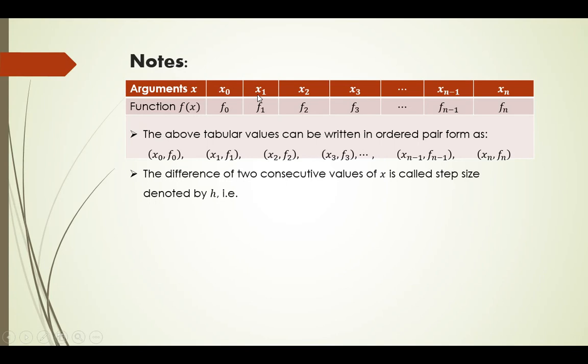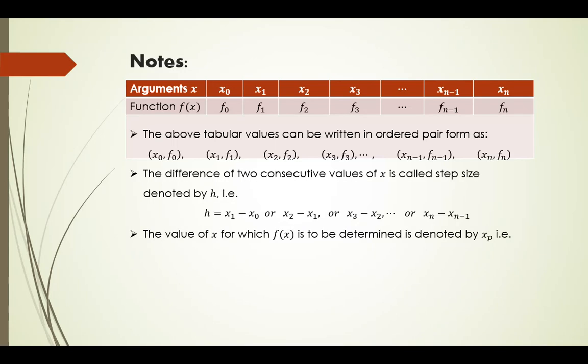So the difference between two consecutive values, that is x1 minus x naught, or x2 minus x1, or x3 minus x2, or generally xn minus xn minus 1, is called the step size, and it is denoted by small h. So you will find the step size by the difference of two consecutive values of x, which is denoted by h.